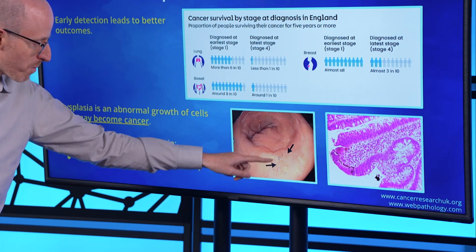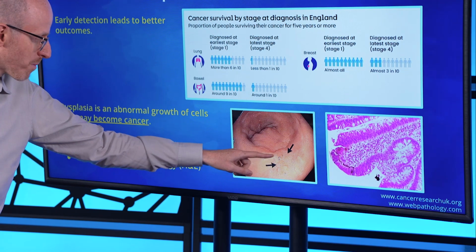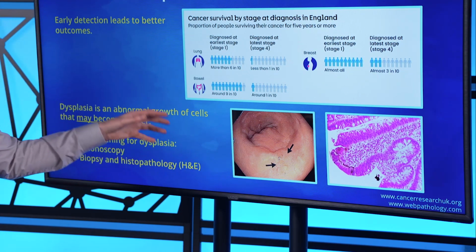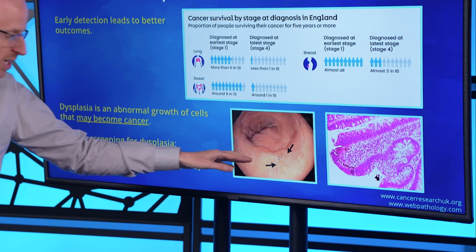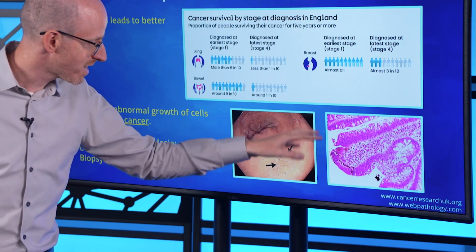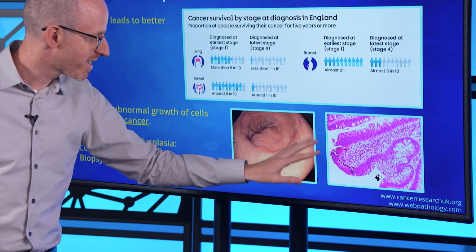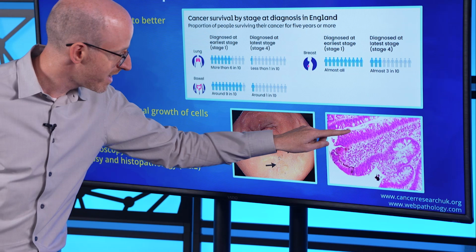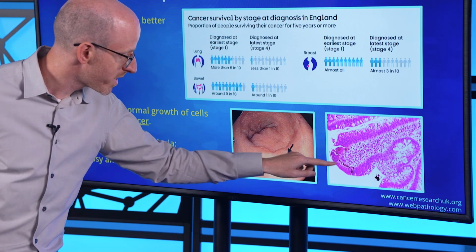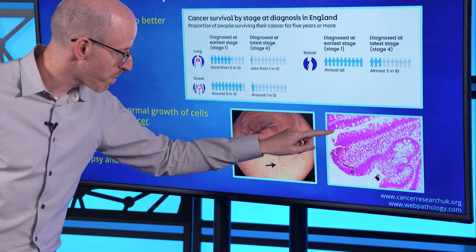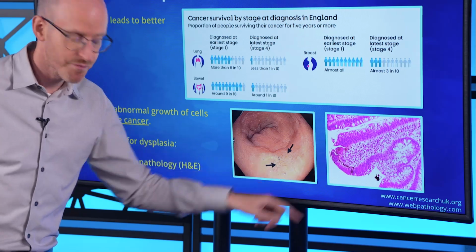This is still pretty hard to see just with a camera. So they take a biopsy from this section, and a pathologist then stains it with H&E and examines the tissue more closely. In this darker region of the colon tissue, you can start to see what a pathologist would consider dysplasia.